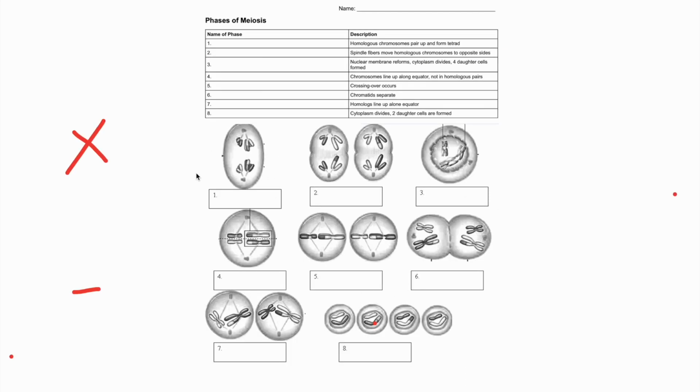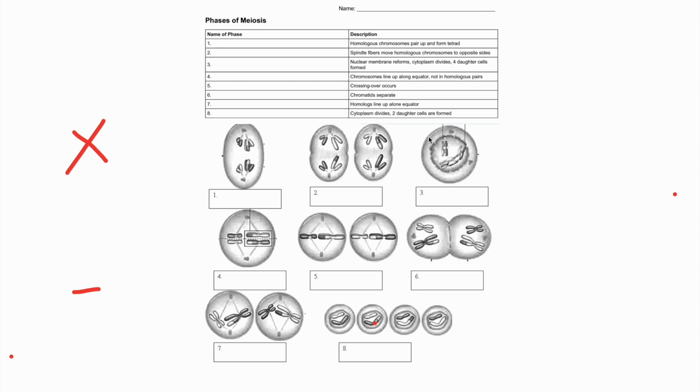So right here we have one cell. The chromosomes are moving away. So in this first picture, this should be anaphase 1. This picture, we're moving away, but we have 2 cells. When we have 2 cells and they're moving away, anaphase 2.